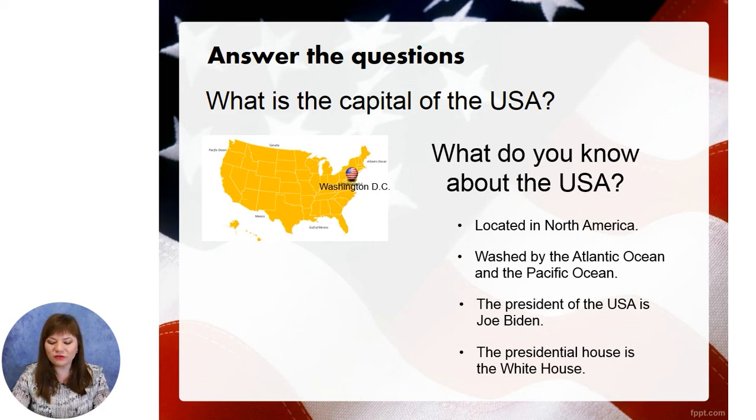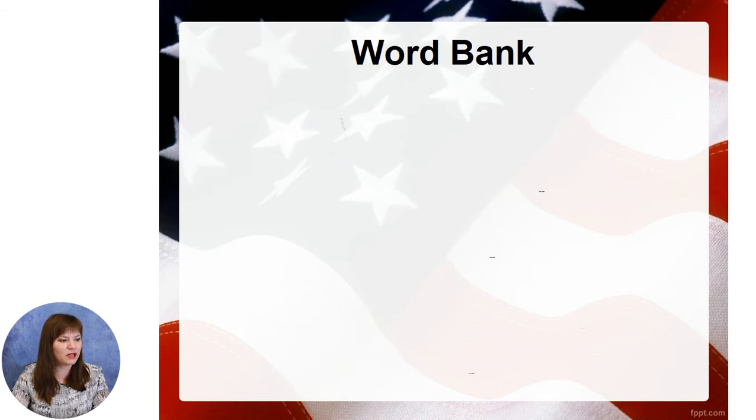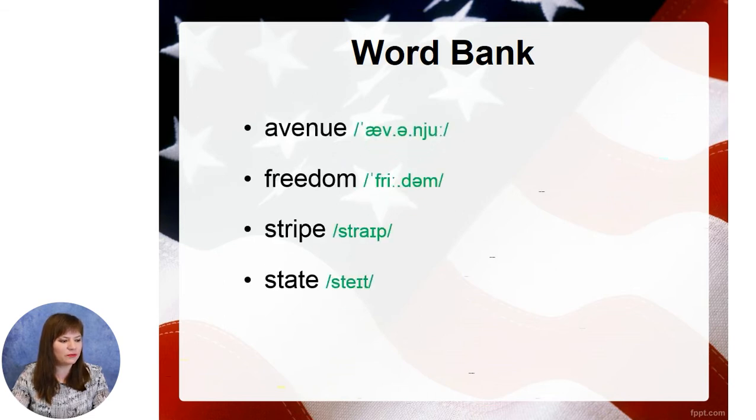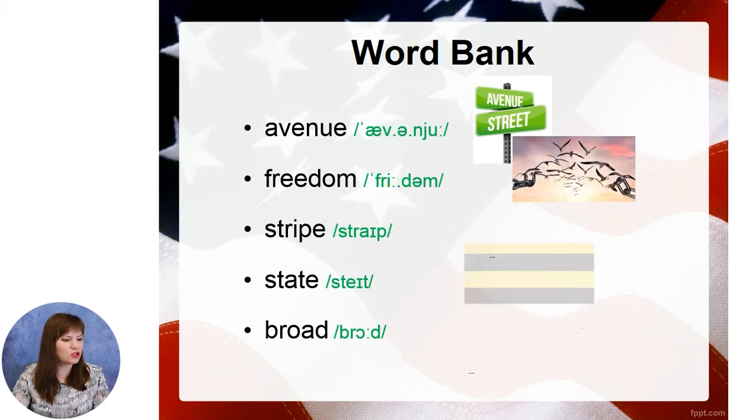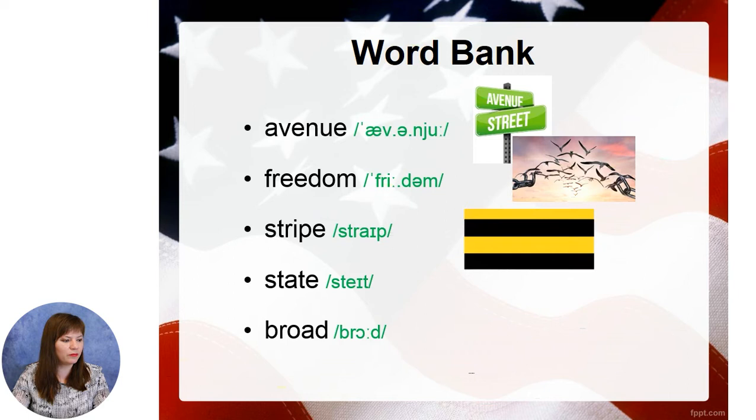To find more information about the USA, we need to learn some new words specific for the topic. So, we have here the words. Avenue is stradă. Freedom, libertate. Stripe, dungă.